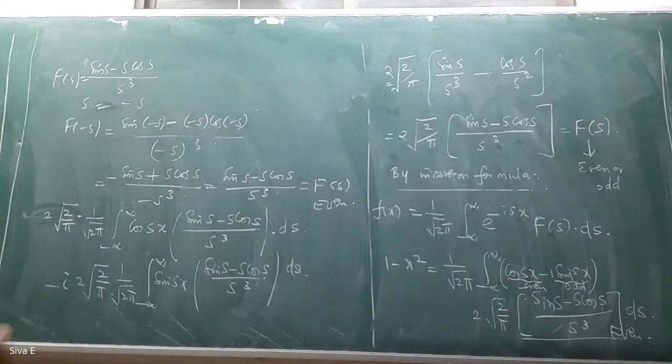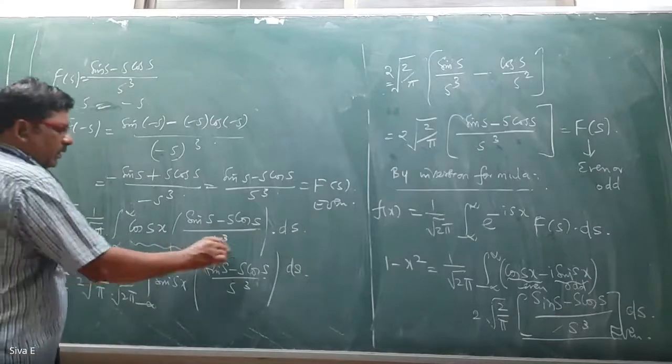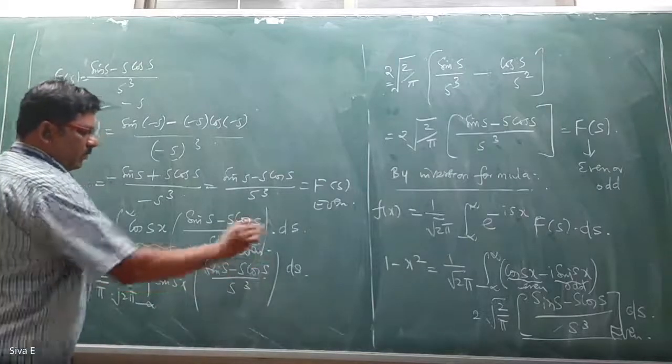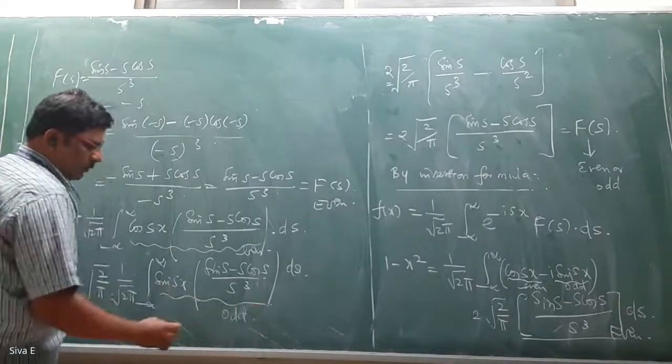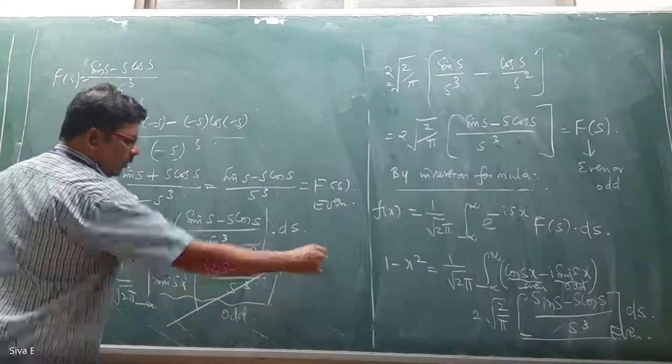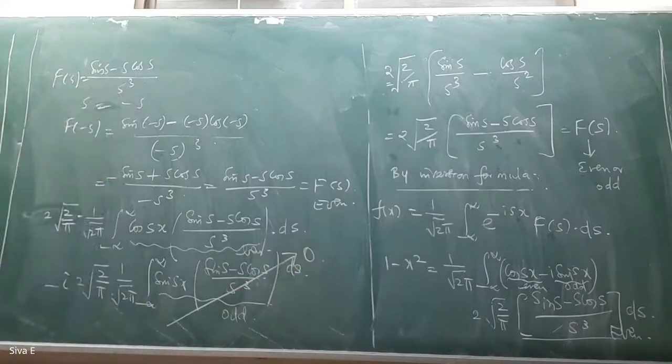Now, the first whole thing is an even function, and the second is an odd function. Therefore, the second term is 0. Only the first term will remain. But here you have to change the limit from minus infinity to plus infinity into 0 to infinity, multiplying with 2.